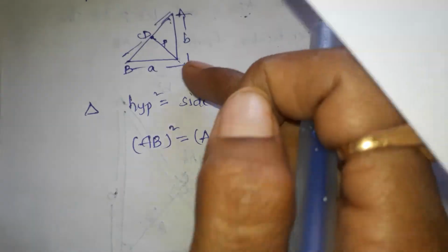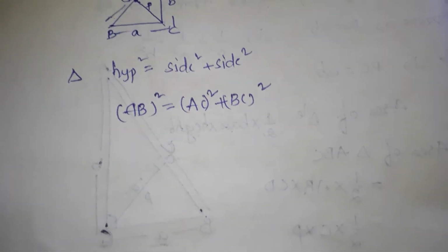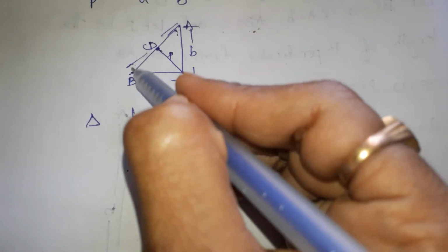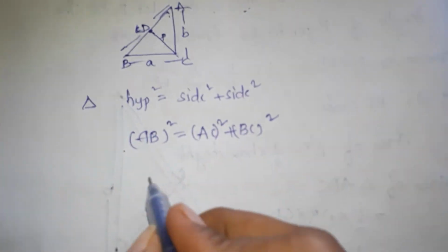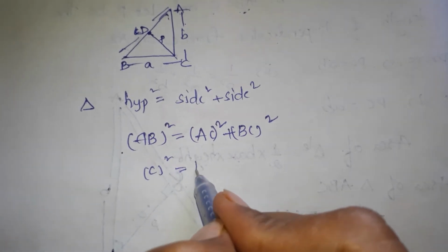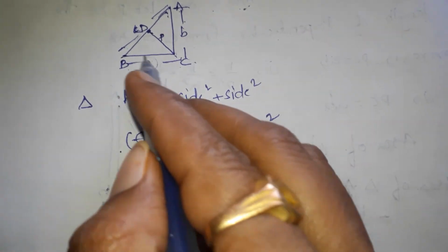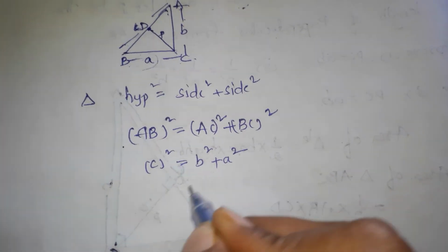As this is one side and this is other, AC square plus BC square here, right? Okay. What is AB? The length of AB is what here? We know that is C, right? C square is equals to what is AC? That is B square plus what is BC? The length of the BC is what here? A, right? A square.